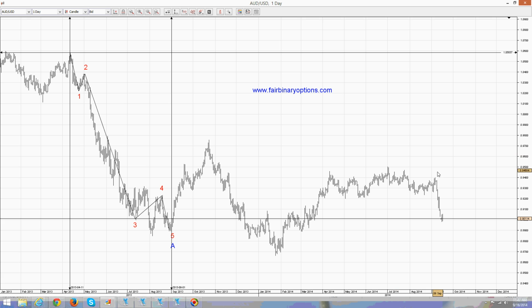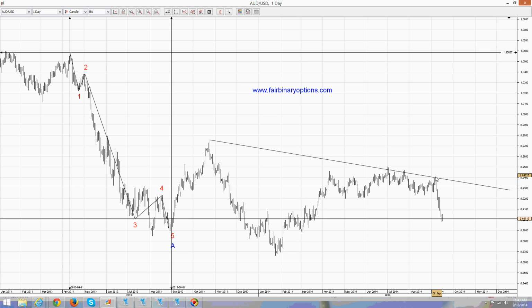You might say, all right, it broke lower here. Well, it doesn't seem so, because in order for this one to be considered a break lower, we need 5 legs of a triangle, but we only have A, B, and C, probably 3. What I'm trying to say is that the Australian dollar, US dollar would still need some time to consolidate.